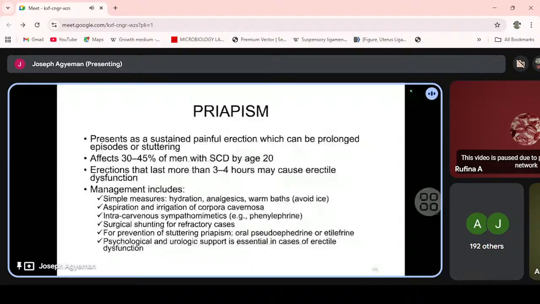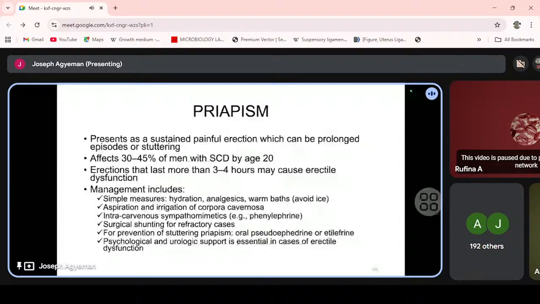If it doesn't work, you can aspirate and irrigate the corpora cavernosa. So you put a needle within the corpora cavernosa to remove some of the blood away, then you irrigate with normal saline.